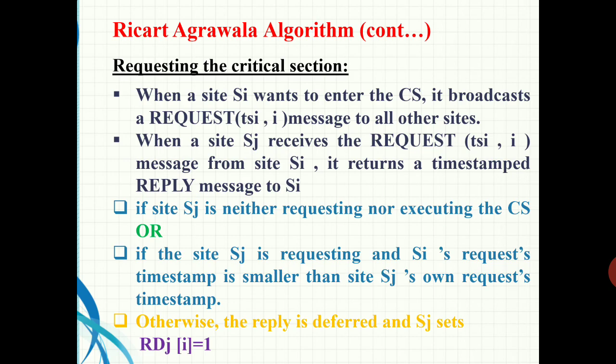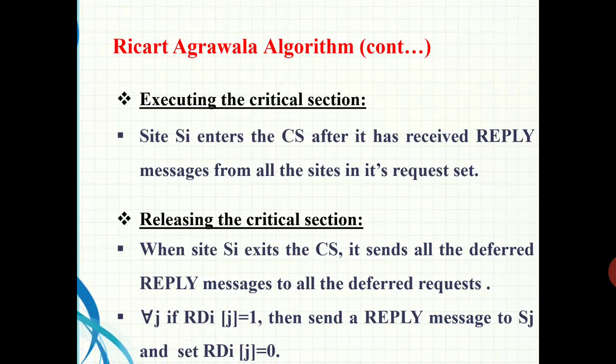If the timestamp is smaller, then we will give higher priority. If the timestamp is higher, then that particular process has lower priority than the other process. That is the idea of this Ricart-Agrawala algorithm. Then comes the next section, executing the critical section.